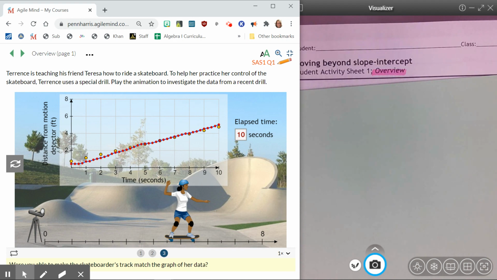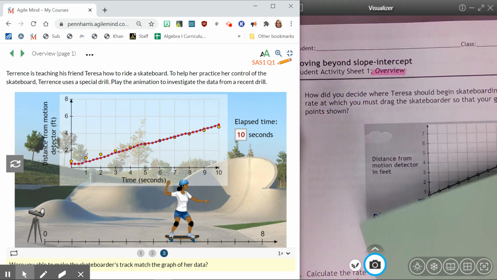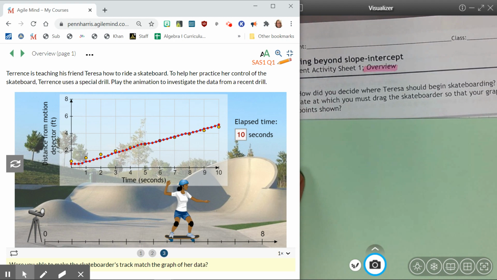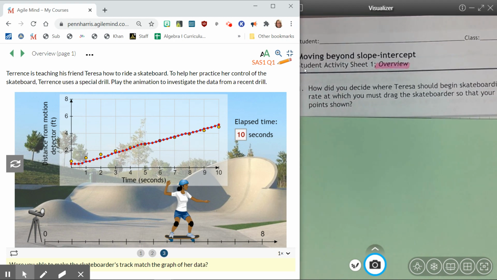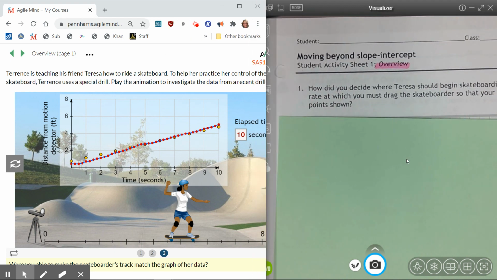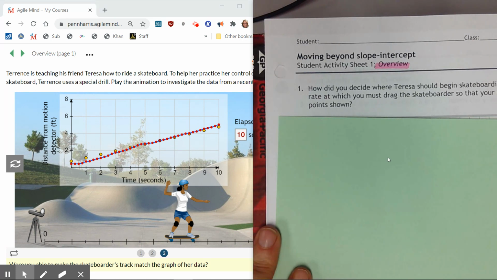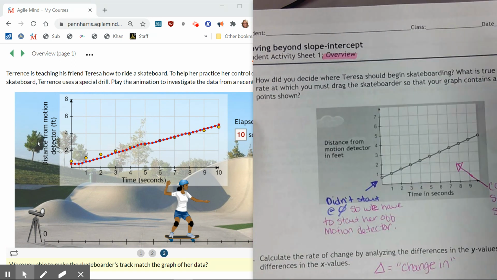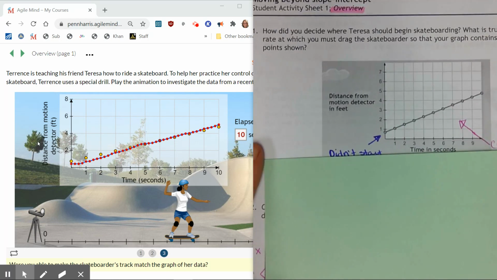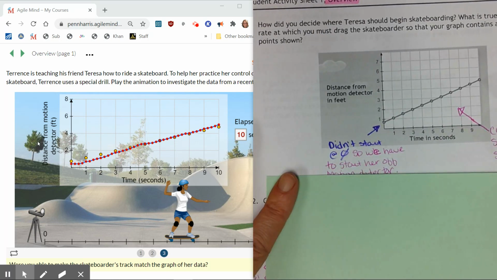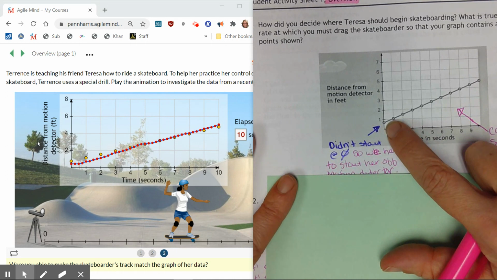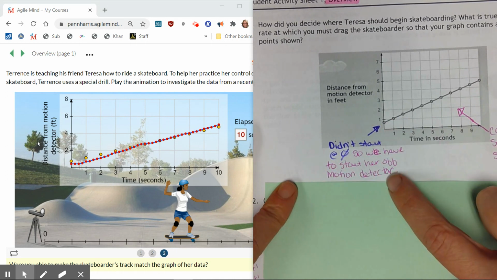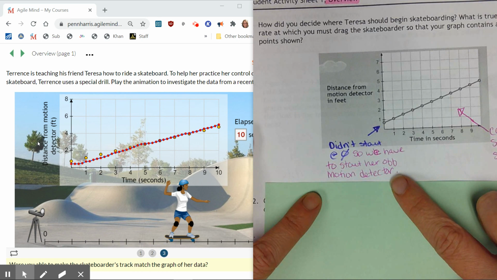Okay, so let's look at our first question. How did we decide where Teresa should start the skateboarding? Well, when we looked at this, guys, we decided that when I put Teresa at 0, it didn't match. I knew she had to start a little bit off. Because my graph didn't start at 0, that means we had to start her off of the motion detector as well.